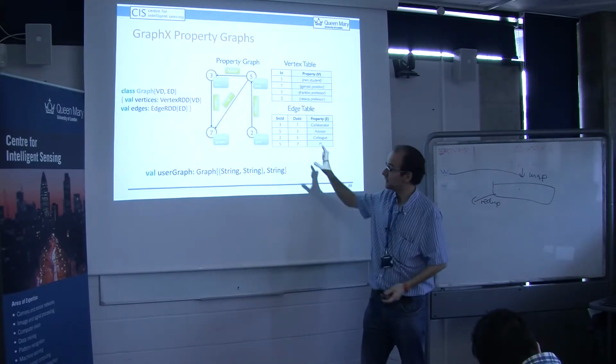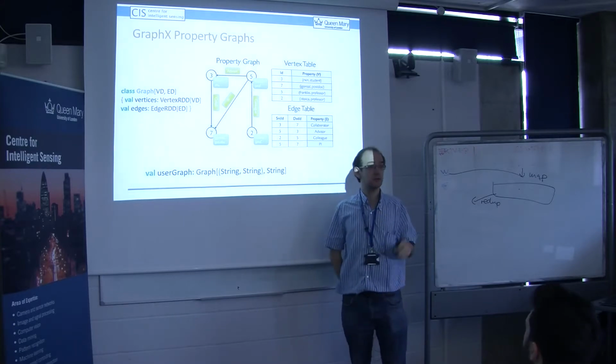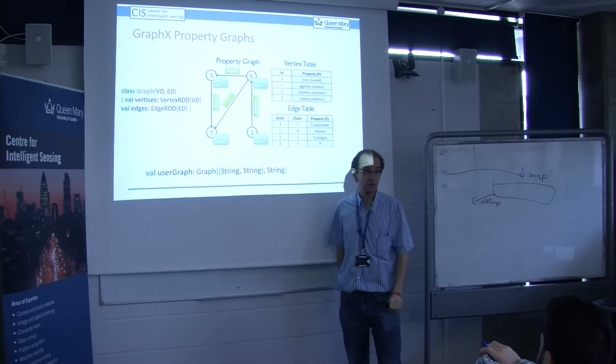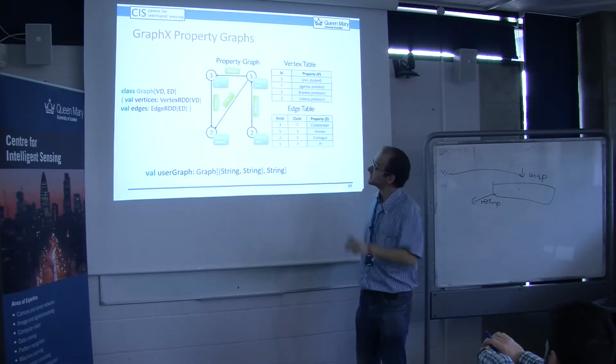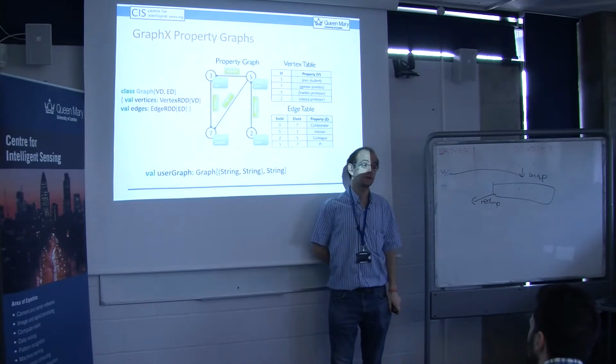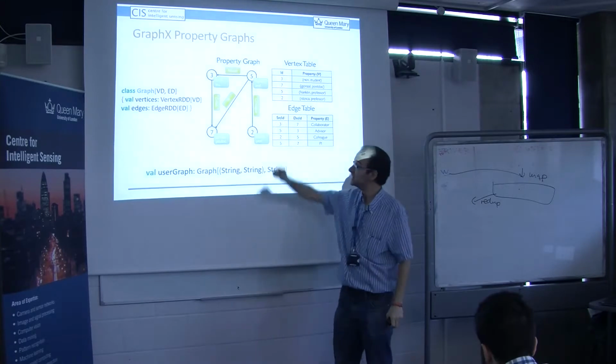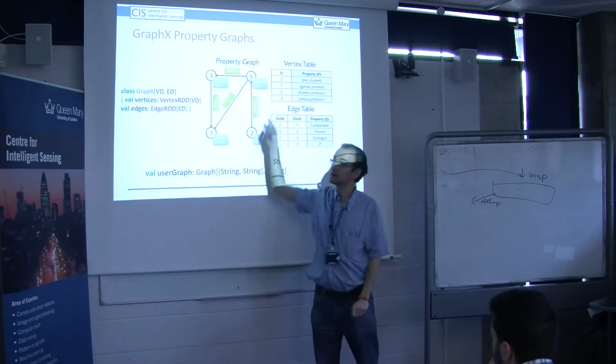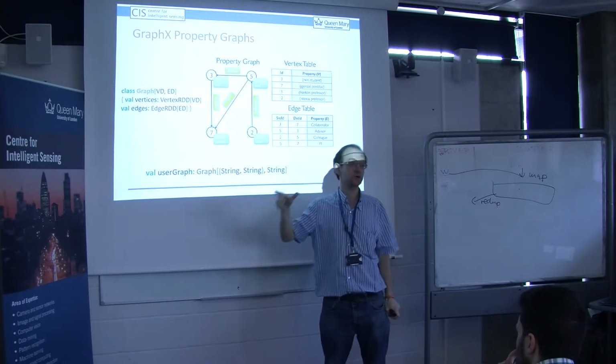Another strange thing of GraphX, I will just mention it in case it happens to you, is that this structure is actually not exactly a graph but a multigraph, which means that you can add more than one edge with the same pair of source and destination.